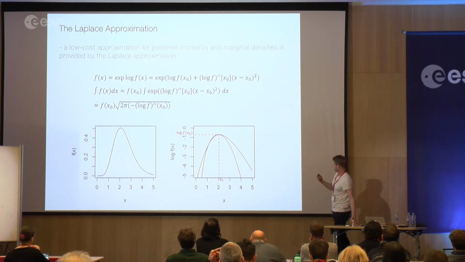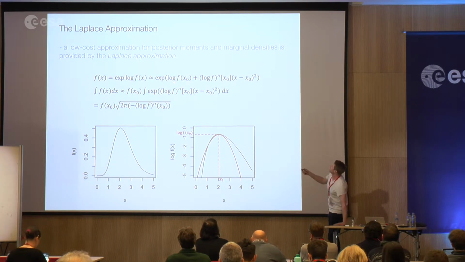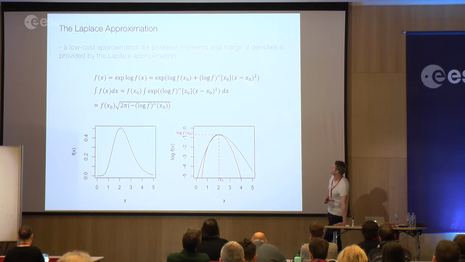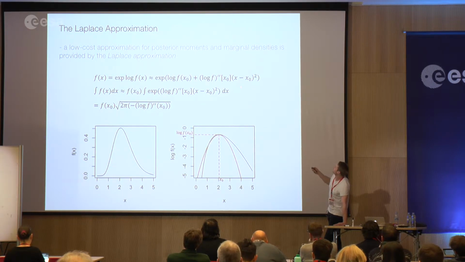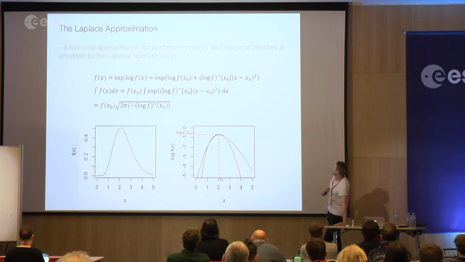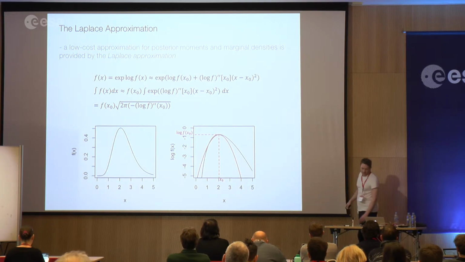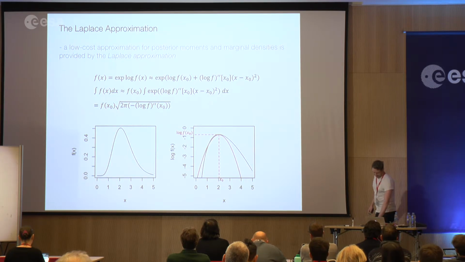It depends only on the position of the maximum, which is fixed and found. Then it adds a term which is the second order derivative of the log of the function evaluated at the mode, and because it's a second order Taylor, it'll be taking a squared term. I've dropped a constant term, which doesn't matter.